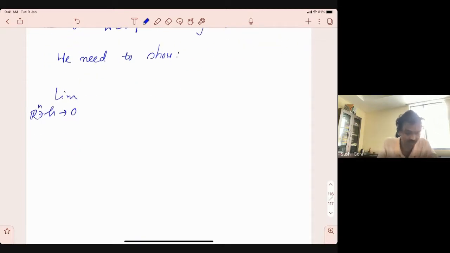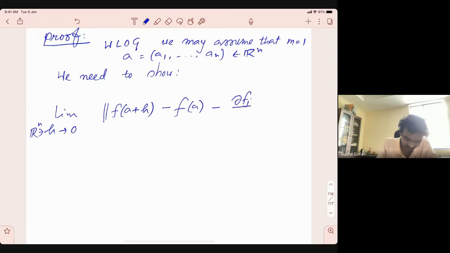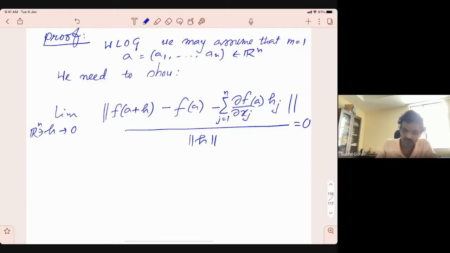Now limit h tends to 0, what we need to show is the following: the norm of f of a plus h minus f of a, where a is (a1, ..., an) in Rn, minus the summation with j equal to 1 to n of del f by del xj at a times hj, divided by the norm of h, and this you need to show tends to 0.